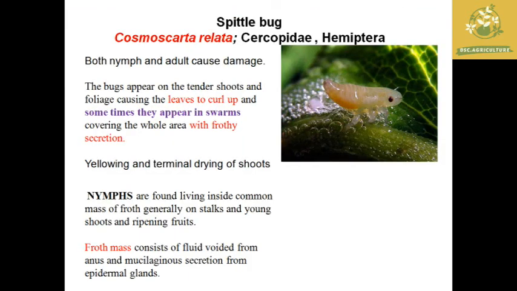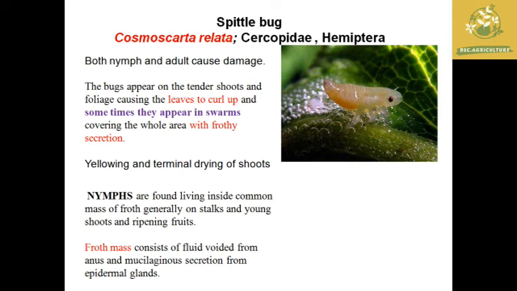The next one is the spittlebug, Cosmoscarta relata, under the family Cercopidae and order Hemiptera. It is a sucking pest, and both nymph and adult cause damage by sucking. These bugs suck the sap from the tender shoots and leaves, which causes curling of leaves, and sometimes a swarm appears.